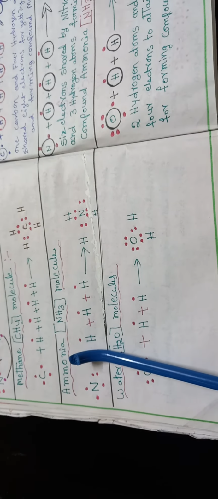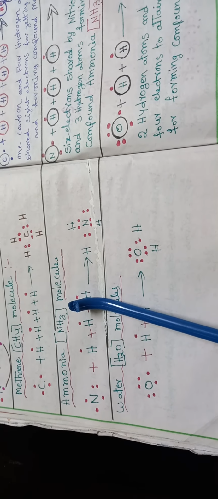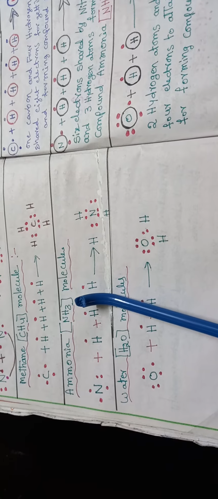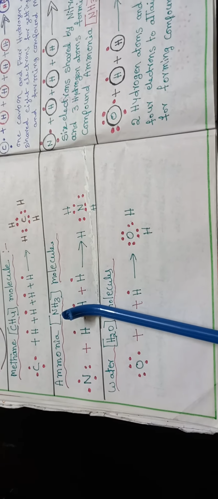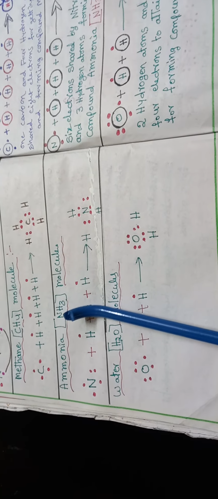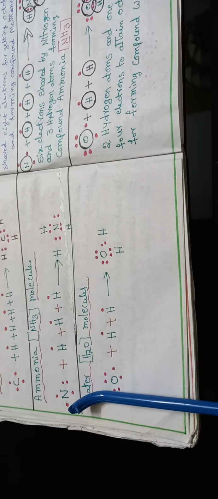Next one, ammonia. Ammonia formula NH3. N means nitrogen, H means hydrogen. So 1 nitrogen and 3 hydrogen are there. Nitrogen has valence electrons 3, 1, 2, 3, and 3 hydrogen atoms are there.